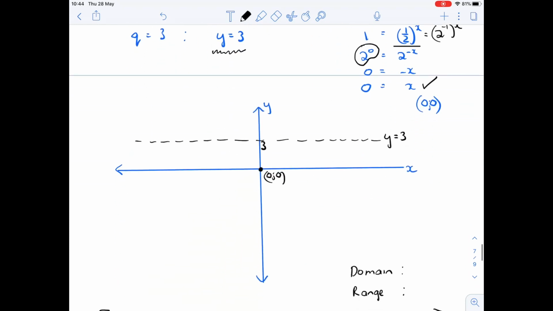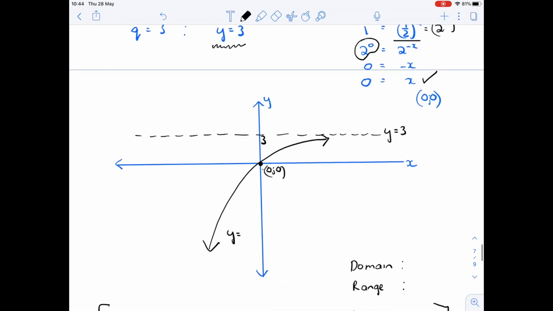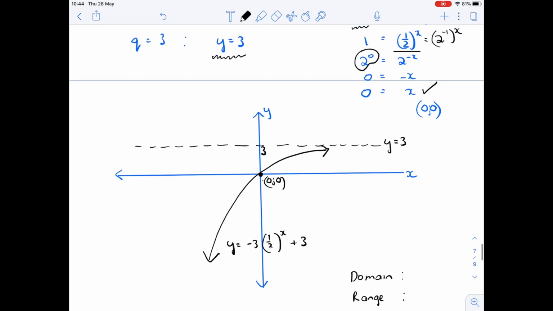It flipped around, so it's doing this. Let's make sure I've got everything. I've got my x-intercept, my y-intercept, I've got my asymptote, and then I need to finish off by labeling the graph. Y equals minus 3 times a half to the x plus 3. And I've labeled my graph.